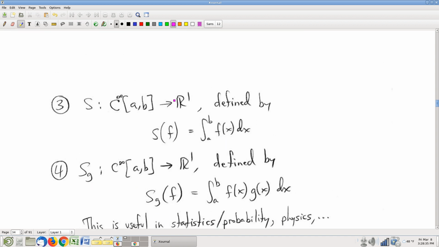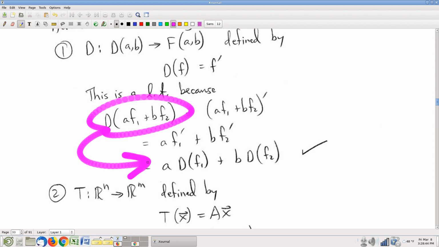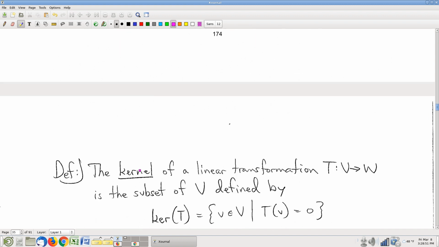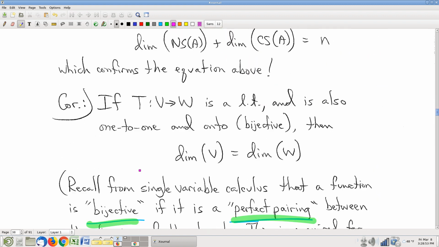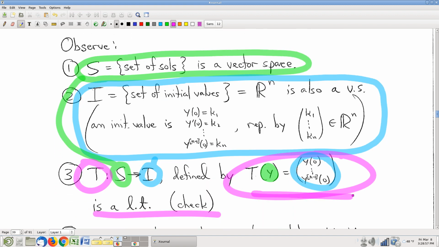The way you check is just like the way you check that differentiation is a linear transformation. Just put a linear combination in, confirm that you get the expected linear combination out. So it's a straight up plug and chug. And I would like for you all to take the time to do this. Confirm for yourselves that this function from S to I is a linear transformation. Okay, exercise for you all to do on your own. Highly plausible, I think.